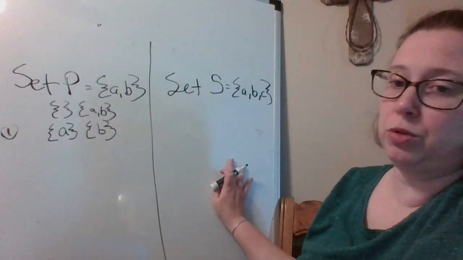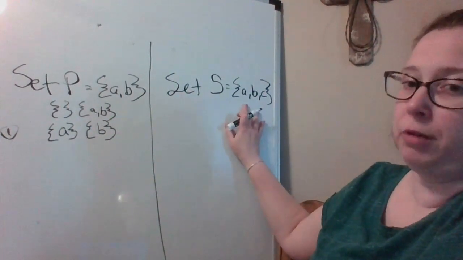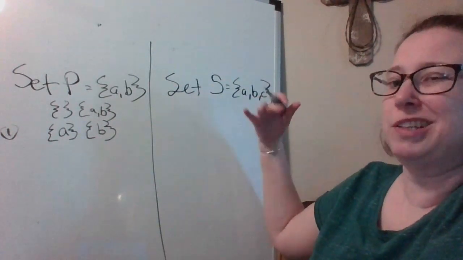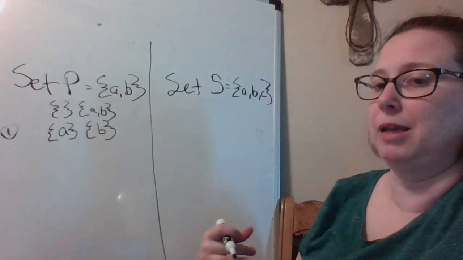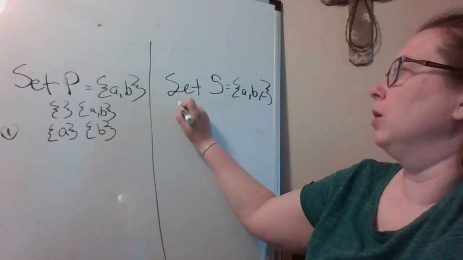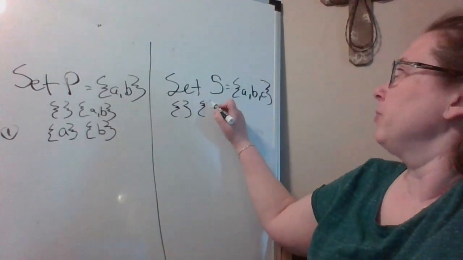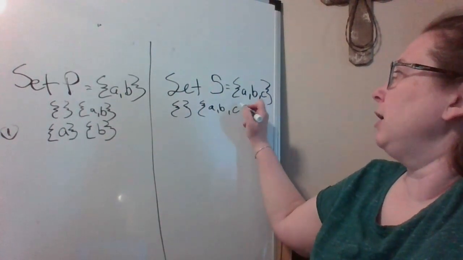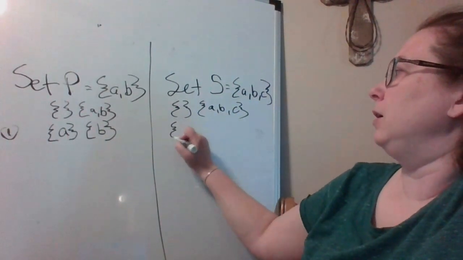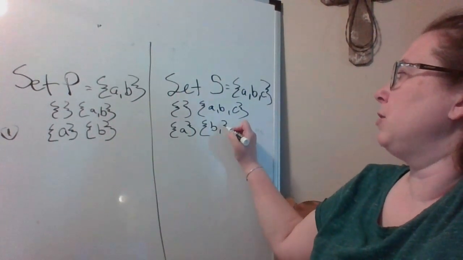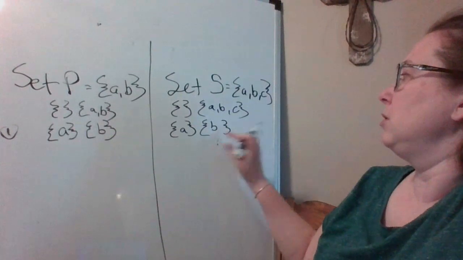Going over to got it 3B, we have 3 elements in our universal set, which means we know that we should end up with 8 subsets. So again, we're going to start with the empty set or the null set, and then our universal set, and then I need to list each element by itself.